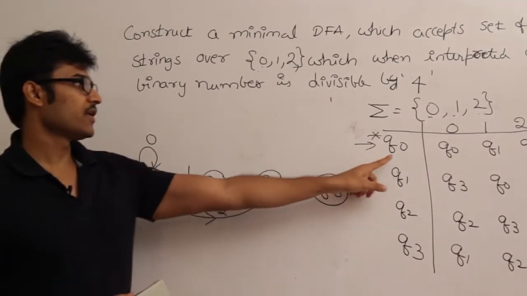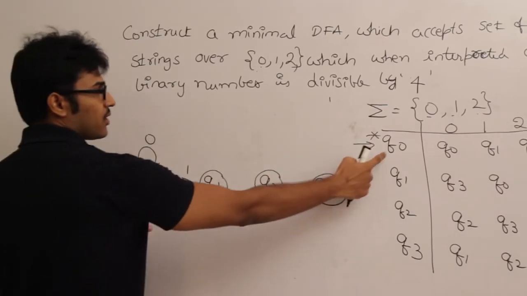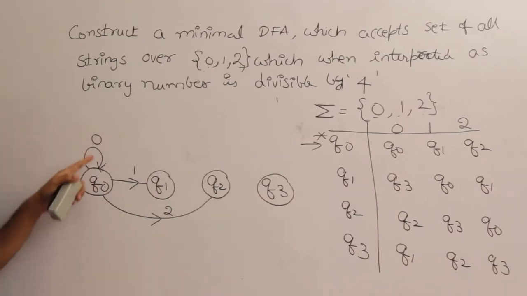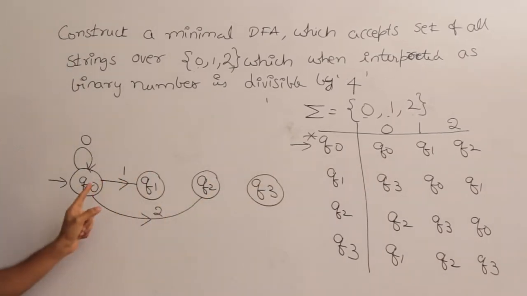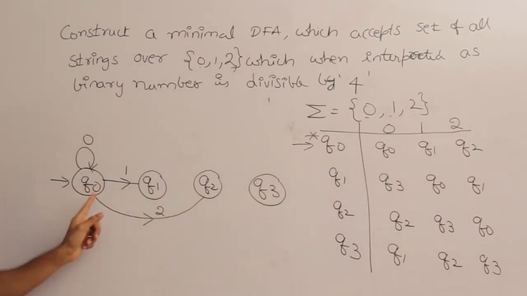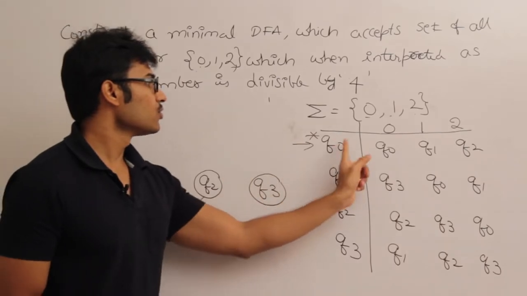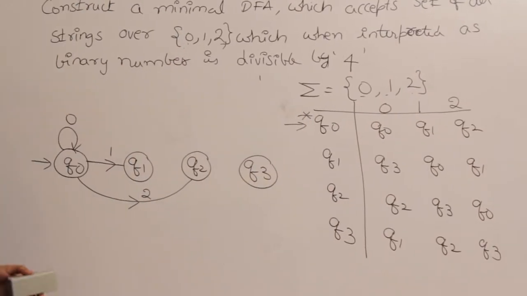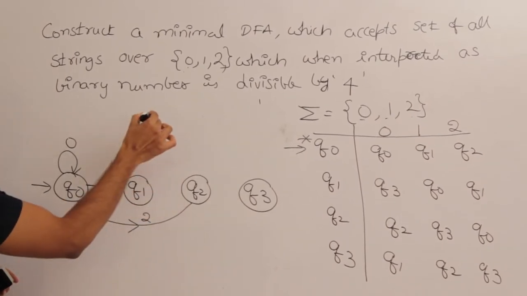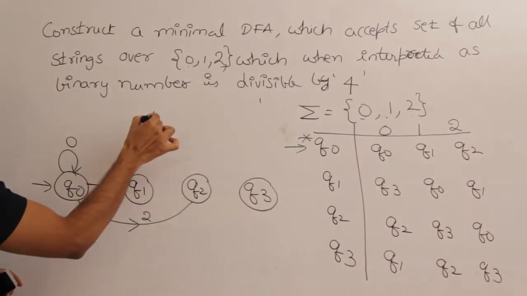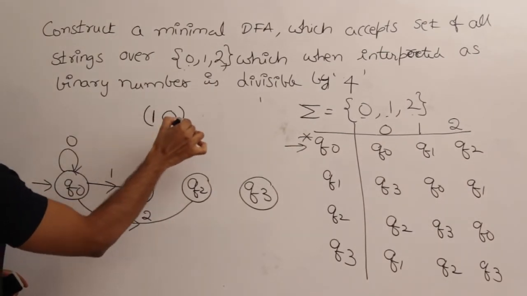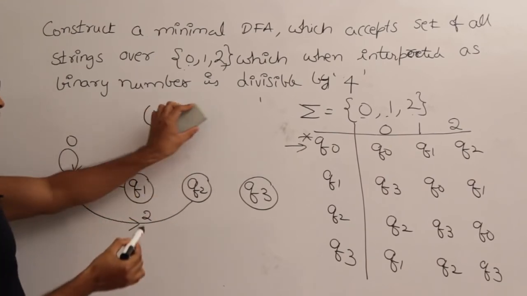Now you just cross verify here. Q0 on 0 goes to Q0, Q0 on 1 goes to Q1, and Q0 on 2 goes to Q2. Now let us take Q1. How did I reach Q1? On seeing 1. Now if after seeing a 1, I see a 0, what is this base 3 number?